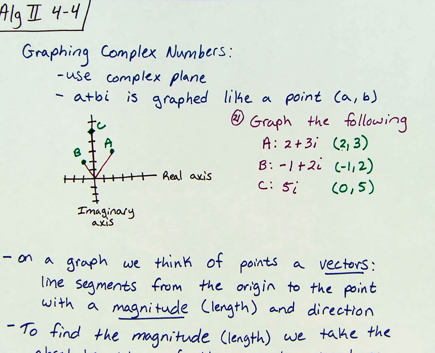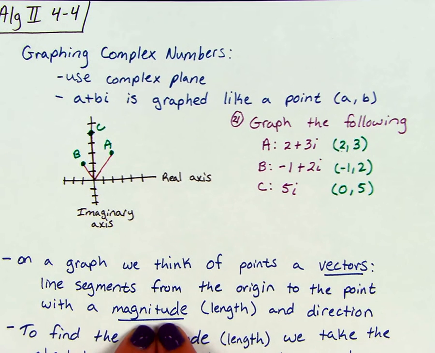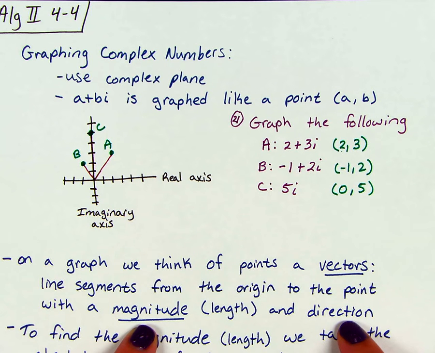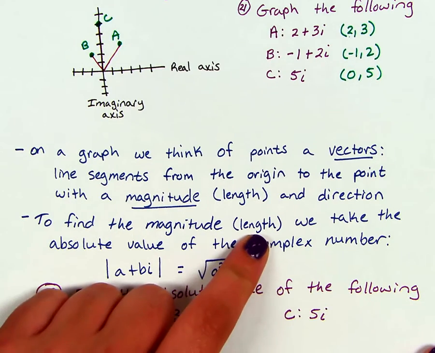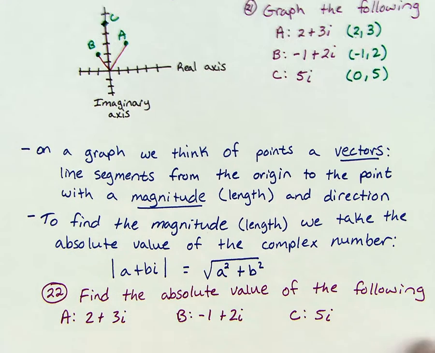Now the length of our vector is called the magnitude, okay? And our vector also gives us a direction. So to find the magnitude or the length, we take the absolute value of our complex number, which is really the same idea as using our distance formula.